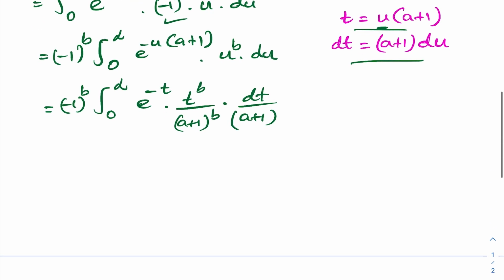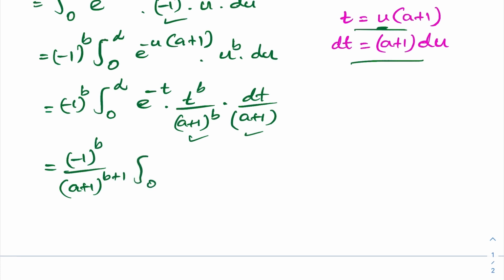Then (a plus 1) raised to the b power is a constant, so we can take it outside of the integral sign: minus 1 to the b over a plus 1 raised to the b plus 1, integral from 0 to infinity e to the minus t times t to the b dt.